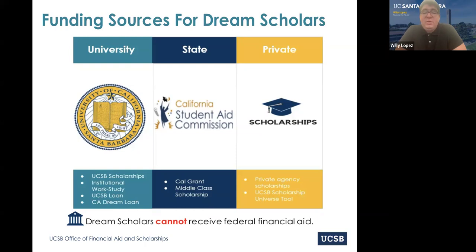But federal loans, Pell Grant, and federal work study are not eligible for CADA students. With this being said, that's why we still utilize UCSB and California Dream Loan, as well as institutional work study, to counteract these changes that CADA applicants are not eligible for.